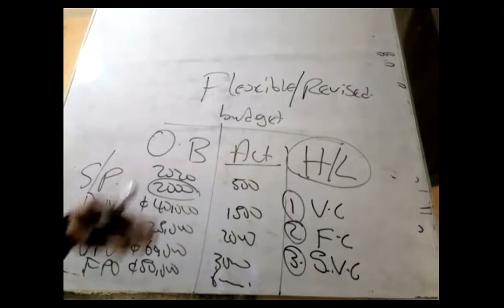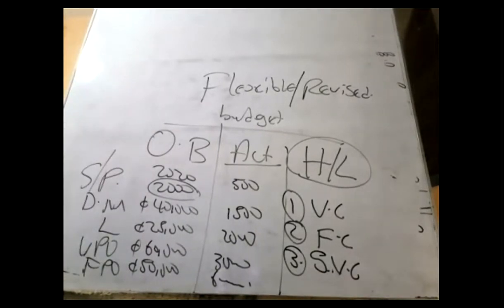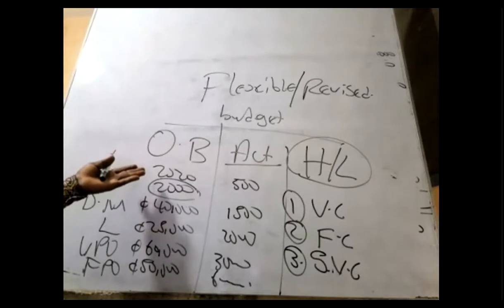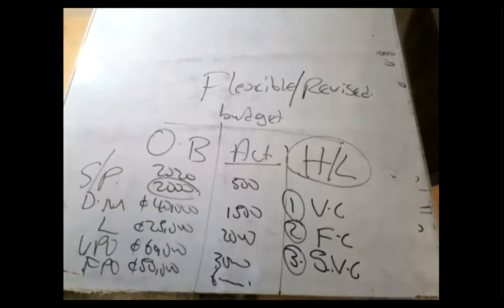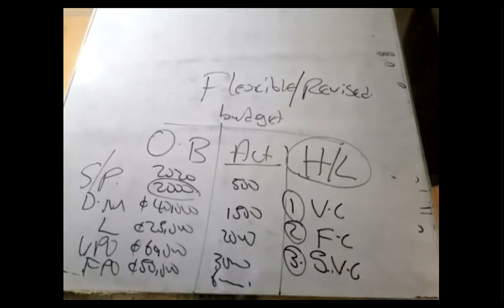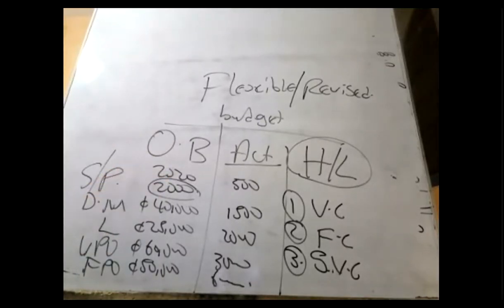Things have made the original budget impossible to perform. Other than that, you might not be fair to the manager in question. So here is the production and sales manager. The sales manager will throw it to the production manager that he received only 500, and he too sold the 500. So the question will be on the production manager: come and answer this question. Why did you produce only 500? Then you also throw it to COVID.